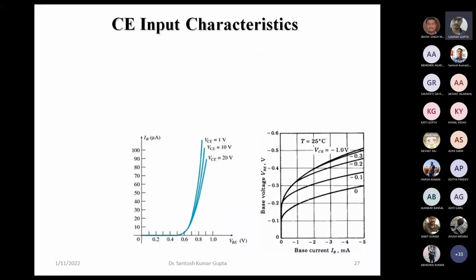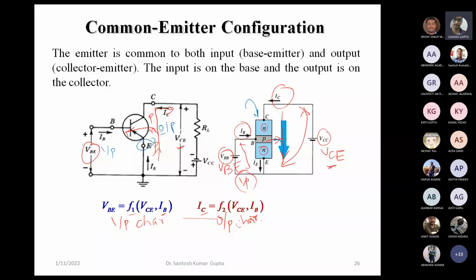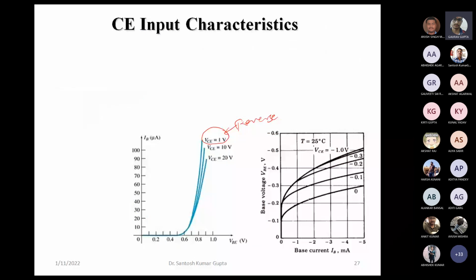So if VCE is small, VCE is giving us the reverse bias here across collector emitter. So VCE is the voltage applied between collector and emitter. If that is small, then we have a large current.